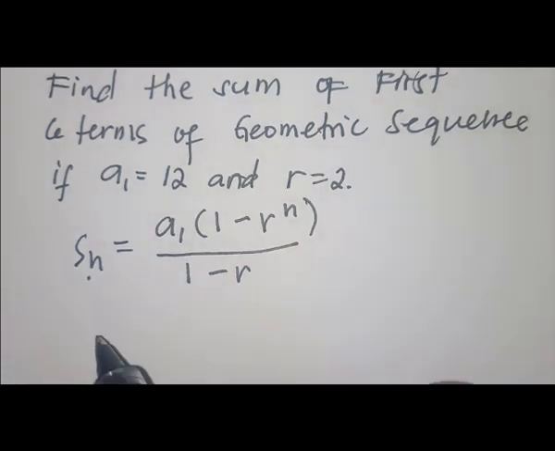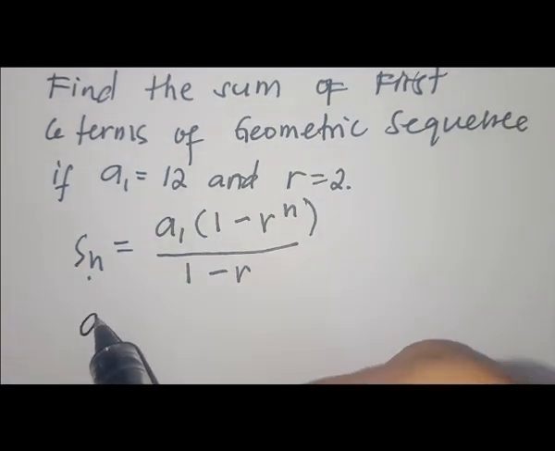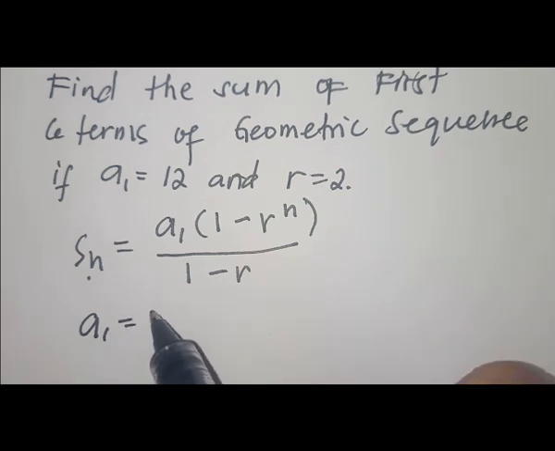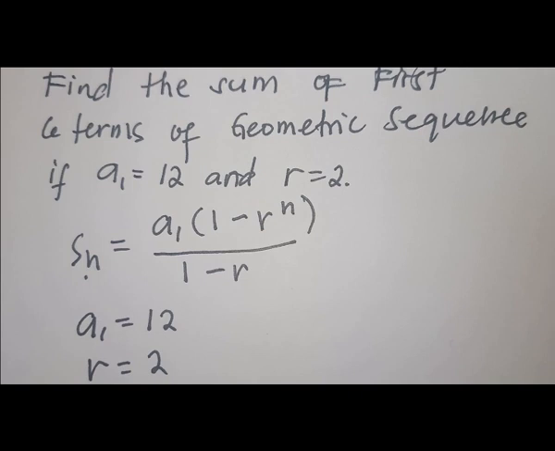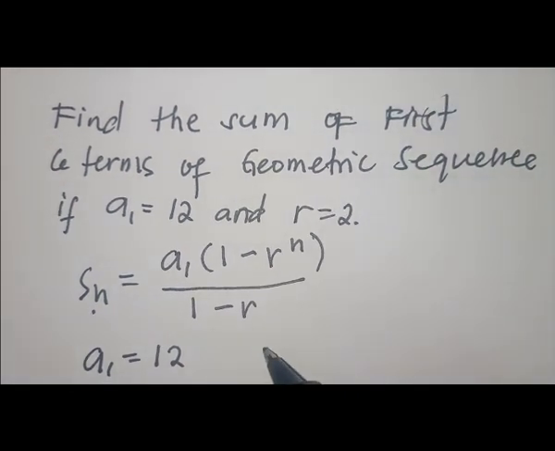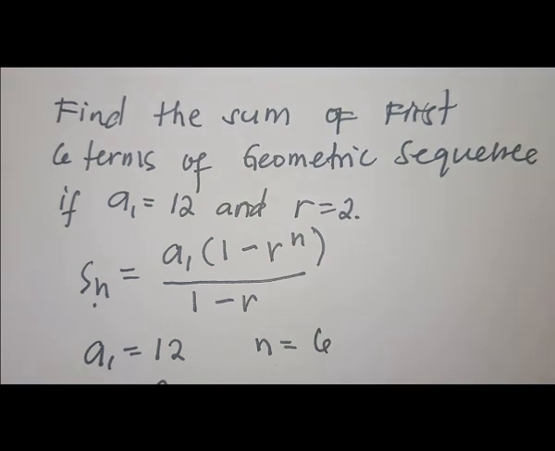From the given, a sub 1 is equal to 12, the common ratio is equal to 2, and the number of terms is 6.